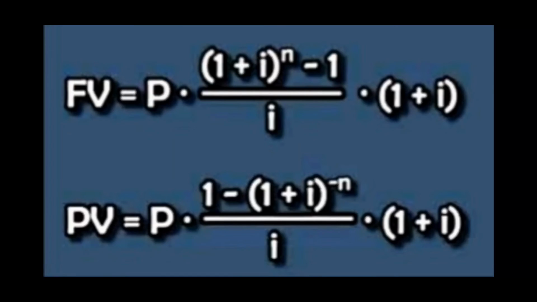As you can see, FV and PV, where FV means future value and PV means present value. If you have to find the FV, the formula is P times the quantity 1 plus i raised to the n minus 1 over i, times the quantity 1 plus i.